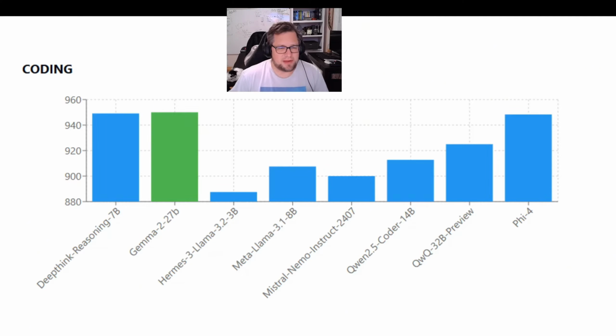It got about an 885 or something like that. But the Qwen 2.5 Coder did pretty poorly in comparison to Gemma 2 27B and the Phi 4. Anyway, I thought these were interesting results, and not exactly what I expected, to be honest.